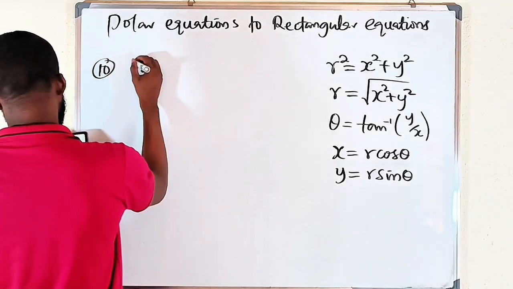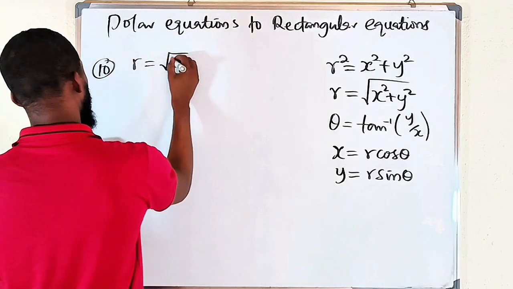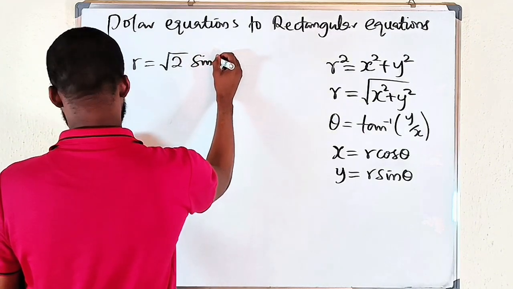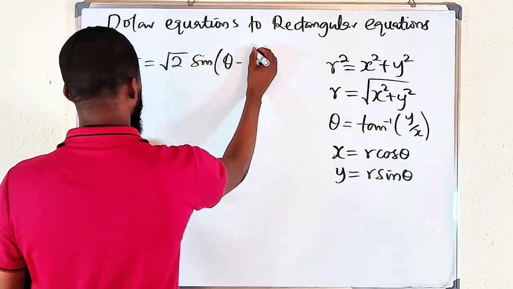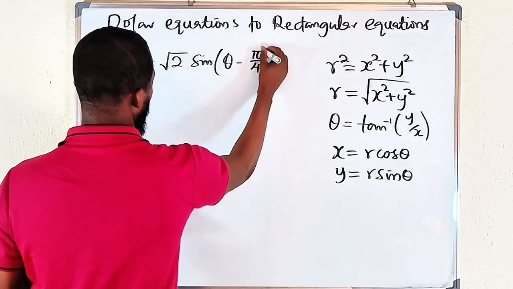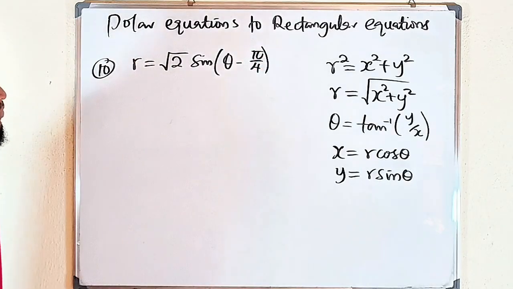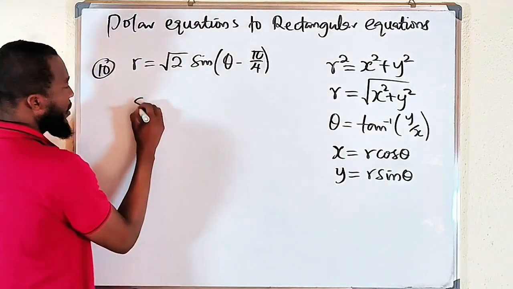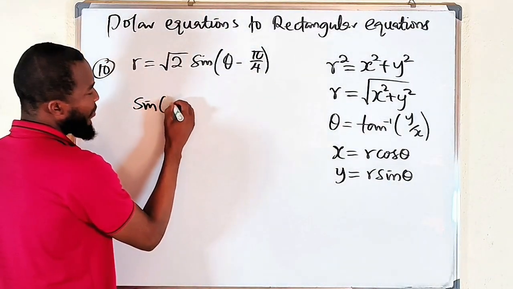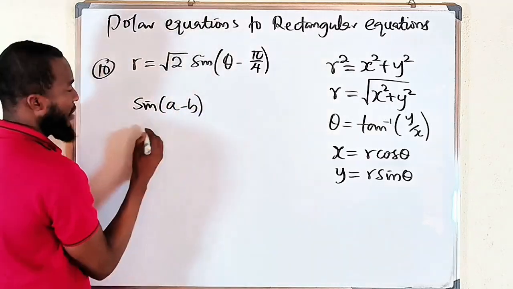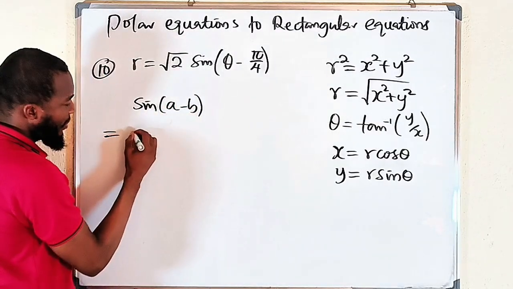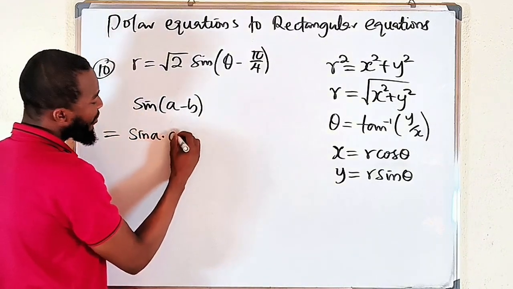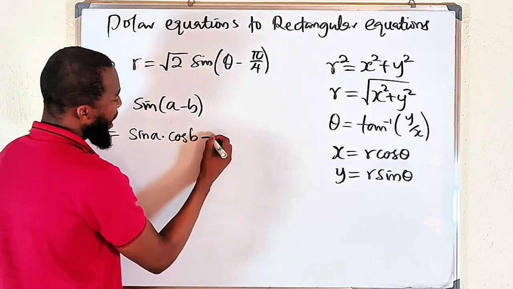question number 10, we have r equal to square root of 2 multiplied by sine of theta minus pi over 4. We need to break this. What can we remember? We know that if we have sine of a minus b, sine of the first angle, that is sine of a, multiplied by cosine of the second angle, cosine of b, the minus.